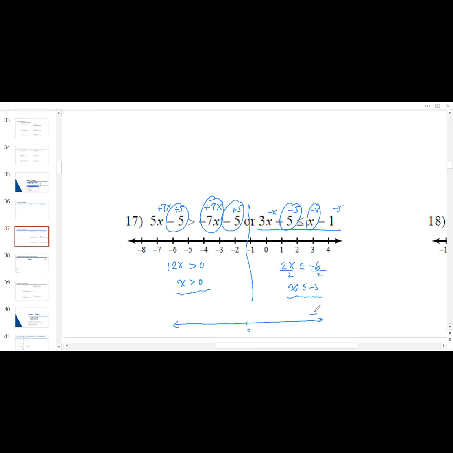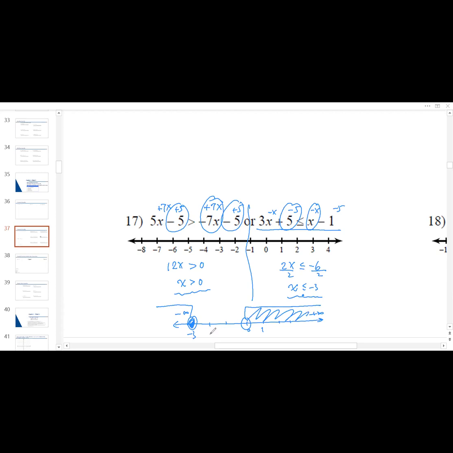Right? So 1, 2, 3, and -1, -2, -3. X less than or equal to -3 is actually this part. Make this filled because of here, right? X greater than 0 is here. It's this part.